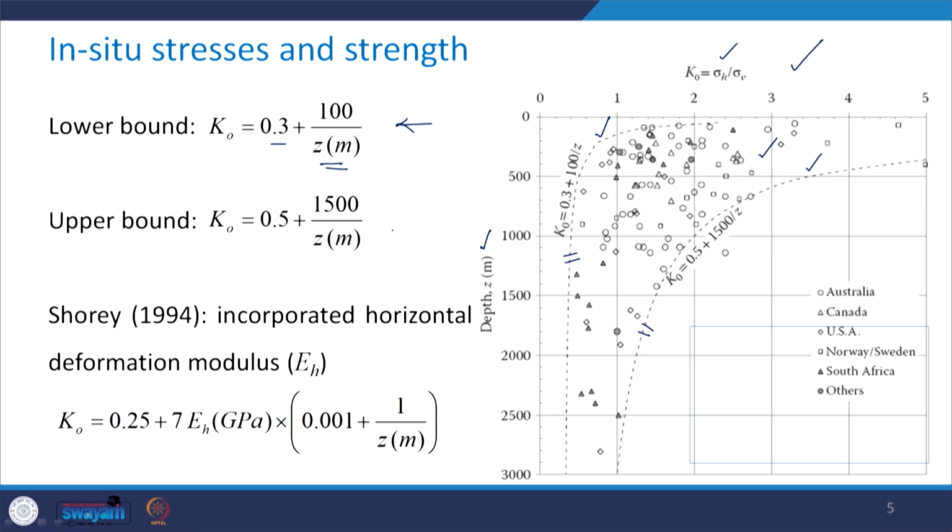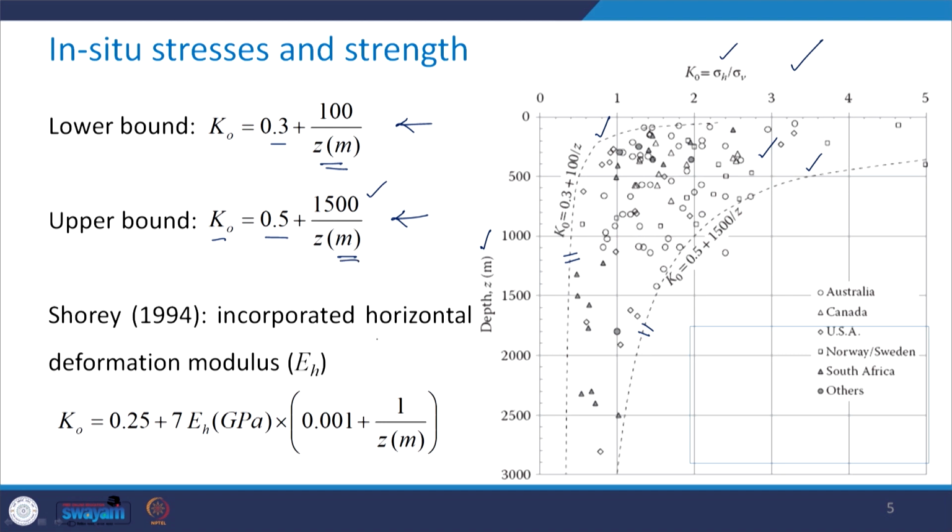We need to be careful about the units when we deal with empirical correlations. Similarly, for the upper bound, the equation derived was K naught equal to 0.5 plus 1500 by depth in meter.